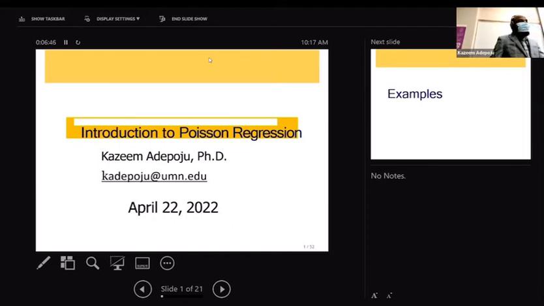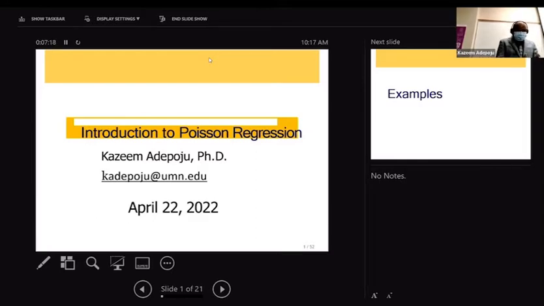When the response has two levels, we're going to fit binary logistic. When it has more than two levels and they are ordered, we're going to fit ordinal logistic regression. When we have more than two levels and they are not ordered, we're going to use multinomial logistic regression. So even within logistic regression, we have variants.